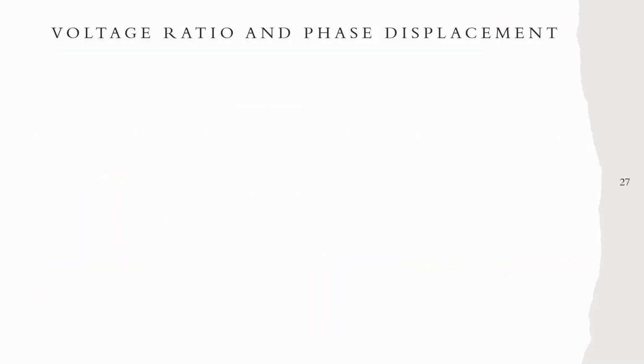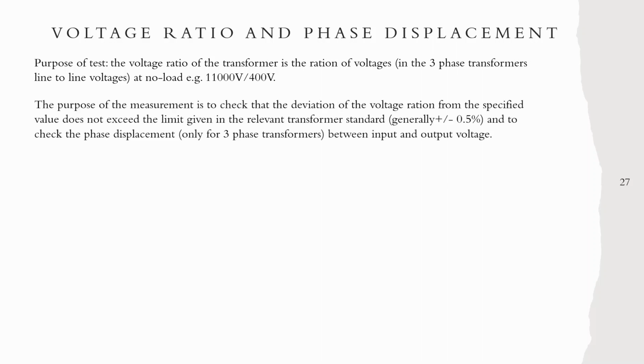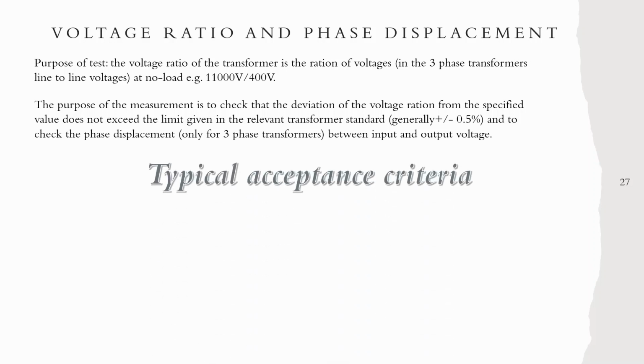So voltage ratio and phase displacement. This is the purpose. What is the purpose of that? Three-phase transformer, line to line voltage, no load, 11,000 volts over 400 volts, that is 11 kV. Then the purpose of that is measurement.